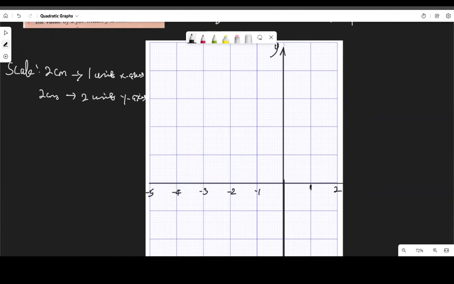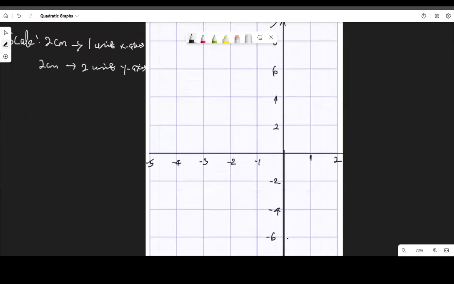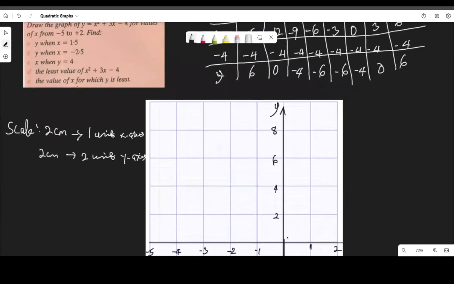But on the y-axis, I'm using 2 centimeters to 2 units, meaning here will be 2. Let me write it close to the line. This is 2, this is 4, this is 6, and this is 8. This will be negative 2, negative 4, negative 6, negative 8. Okay, I think that is enough. The highest value we have there is negative 6.